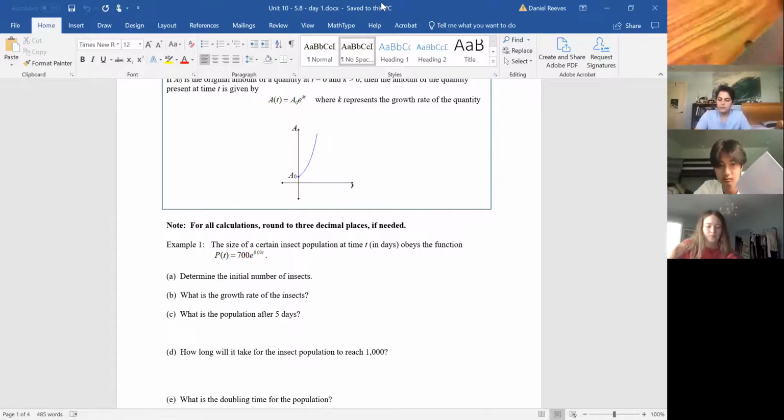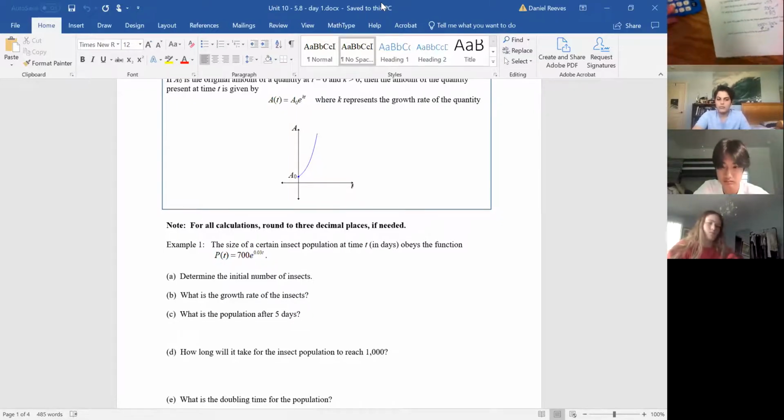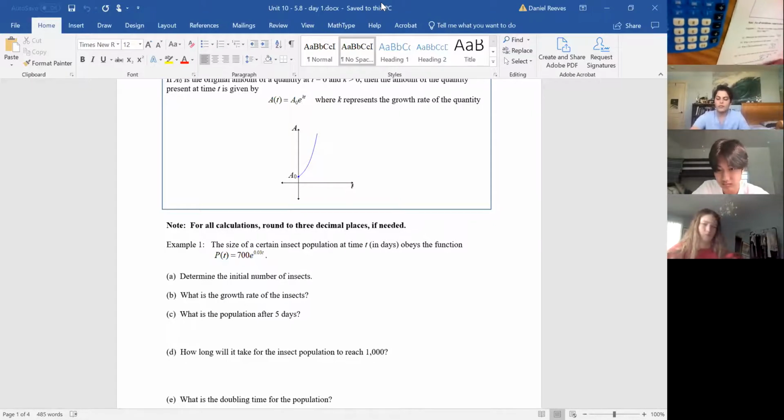I lost the 0 in there somewhere. Let's try that one again. The natural log of 10 divided by 7, enter, divided by 0.03, and now I'm getting 11.8 days, 11.9 days.